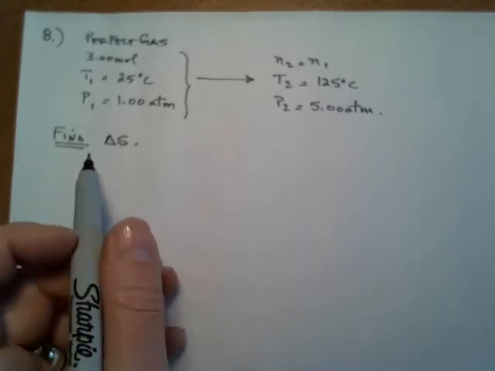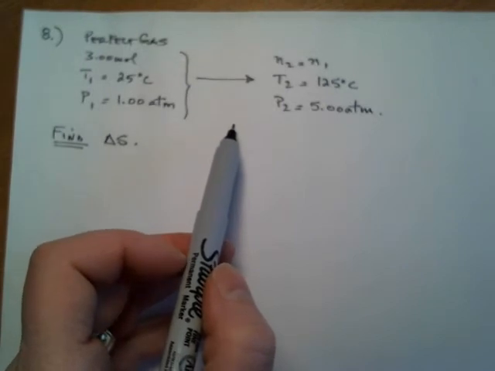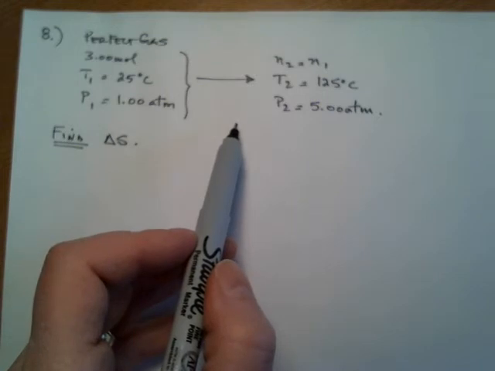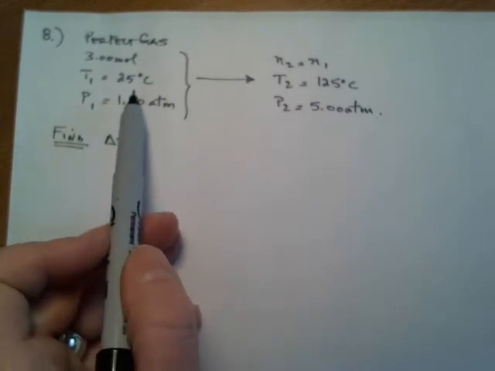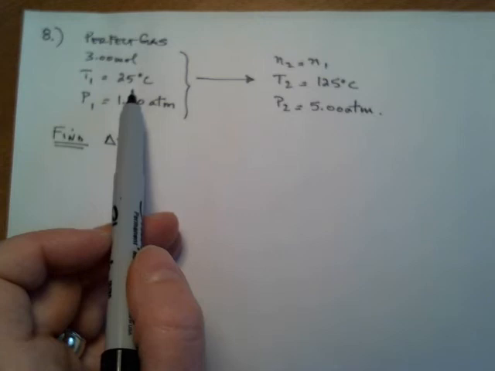So having said that, I can devise a convenient path for this change that's kind of a compound change. How about we let, first of all, in the first step, let's break this into 2 steps. And that'll be our convenient path.